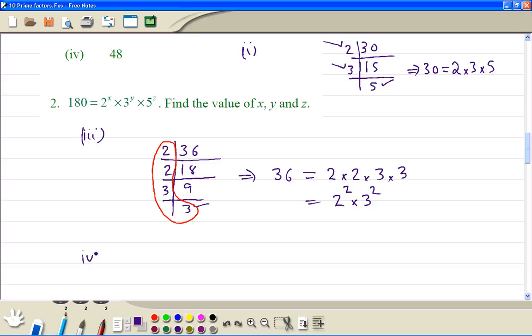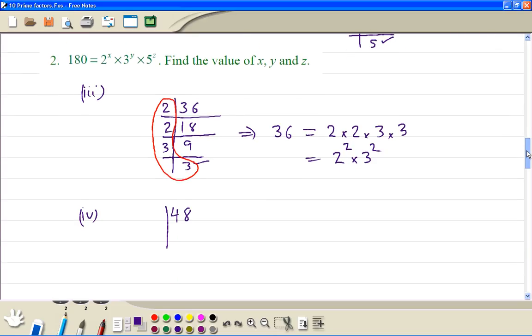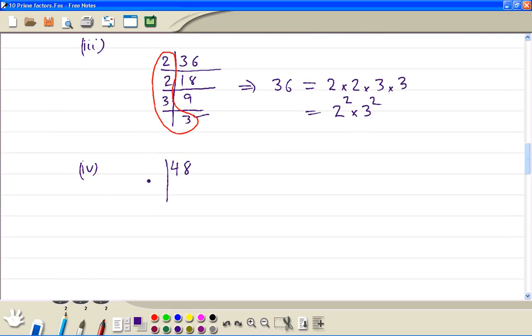Then number 48, same method, divide by 2, the answer is 24. Divide by 2 again, the answer is 12. Divide by 2 again, answer is 6. Divide by 2 again.